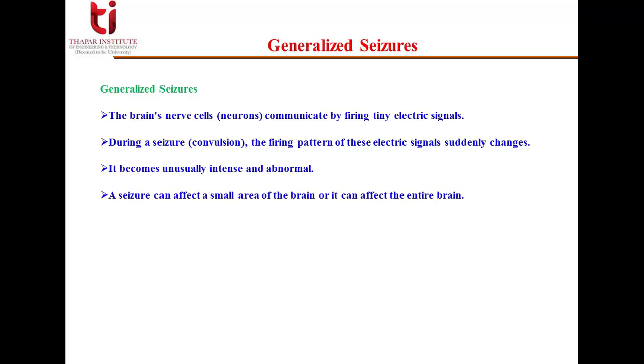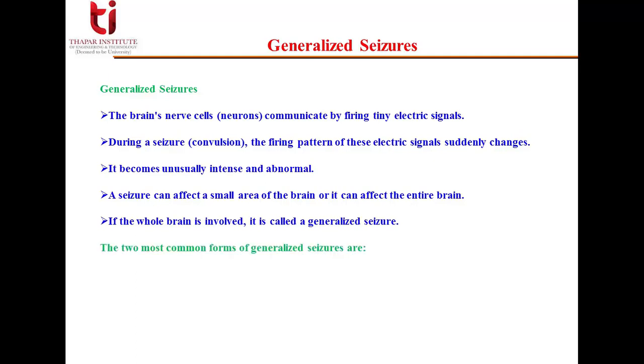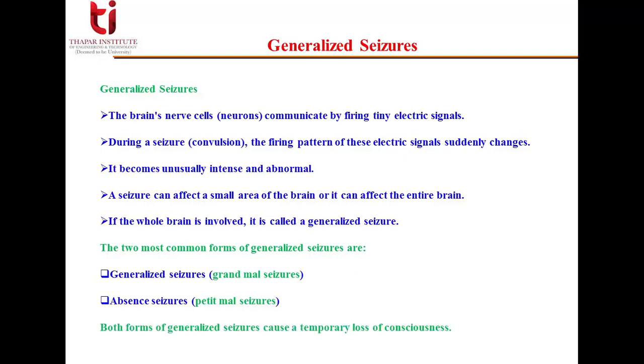A seizure can affect a small area of the brain or it can affect the entire brain. If the whole brain is involved, it is called a generalized seizure. The two most common forms of generalized seizures are grand mal seizures and petit mal seizures. Both forms cause a temporary loss of consciousness.